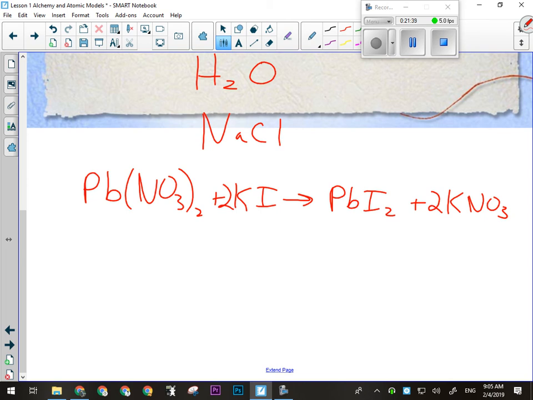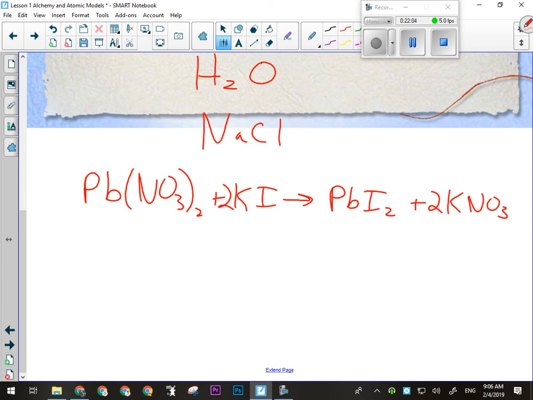When that happens, the reactants are two clear solutions. So if an alchemist did this, he would start out with two things that look like water. Two clear solutions. When you mix them together, a reaction occurs. A bright yellow precipitate or powder forms in this reaction and settles to the bottom with a kind of clearish solution above it.